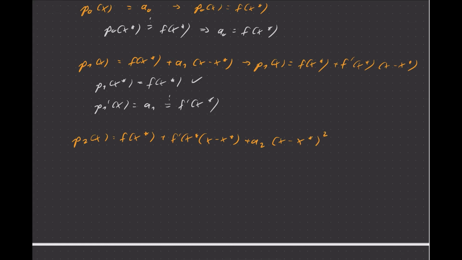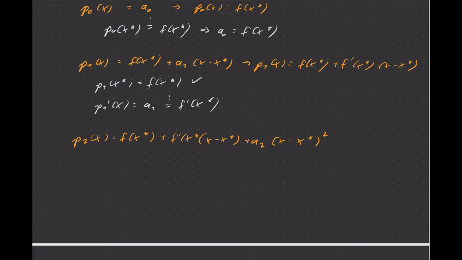And again, we use this centering around x star, because if we substitute x star into P2, then this term will vanish along with this term. So what remains is just the P0 part, and that's already tuned correctly.